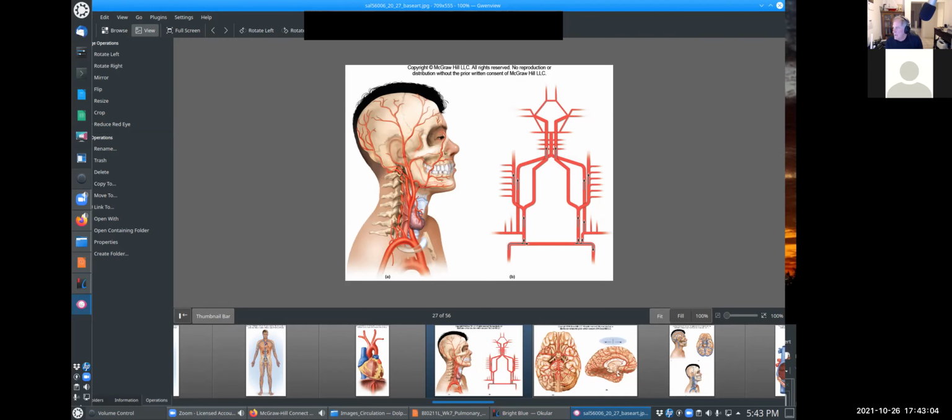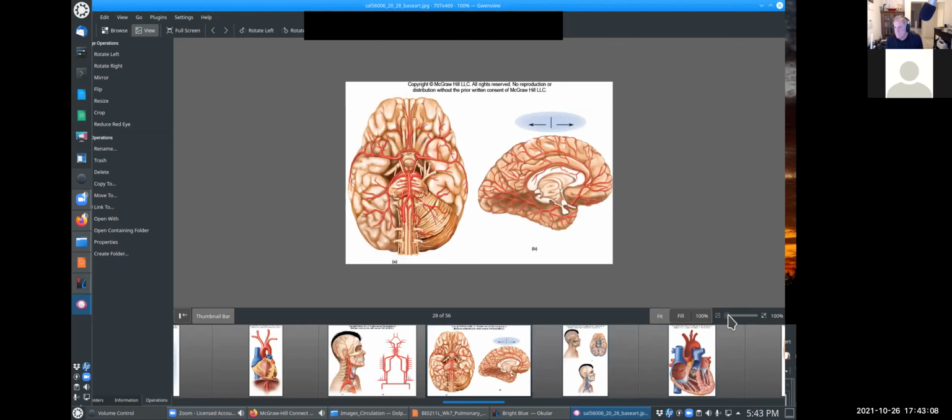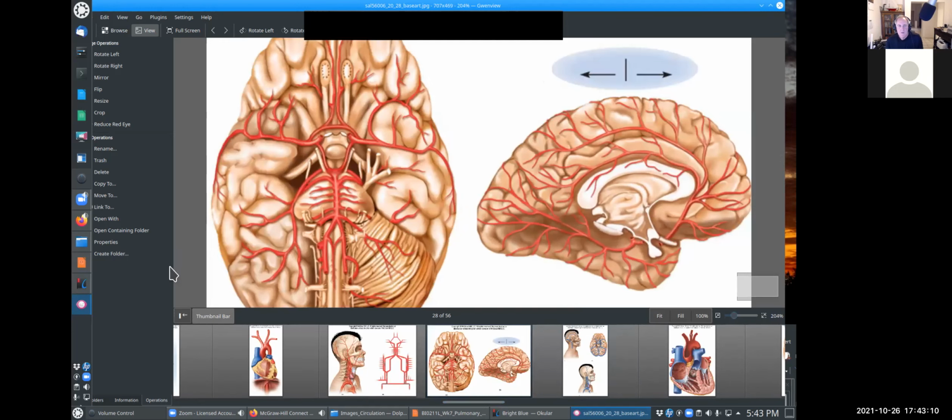You do have this one right here, the anterior communicating, which is right in between the two anterior. And then these back here are the posterior communicating. Okay. All right.